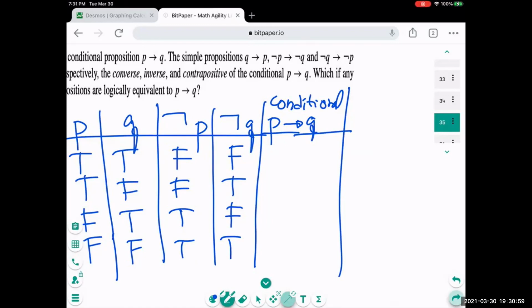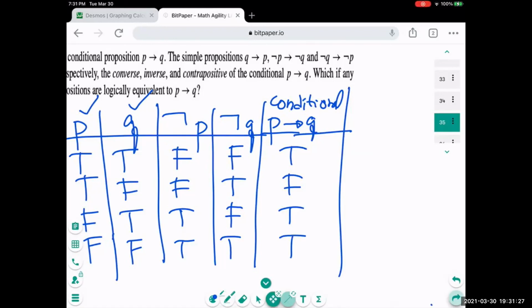So P is true and Q is false. So yung second row lang siya false, right? We're comparing this. So second row and the rest would be true, right? So true, true, true. Okay, yan yung conditional. So yan yung hinahanapan natin ng equivalence, yung conditional P to Q.